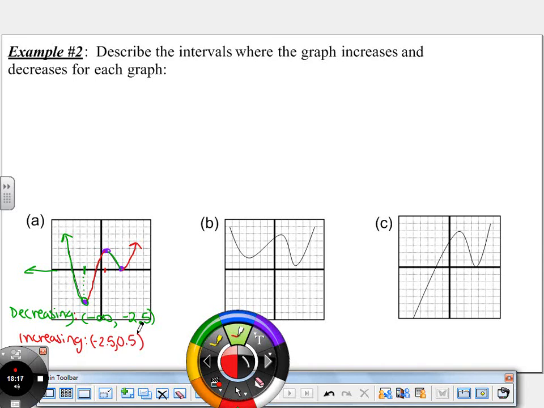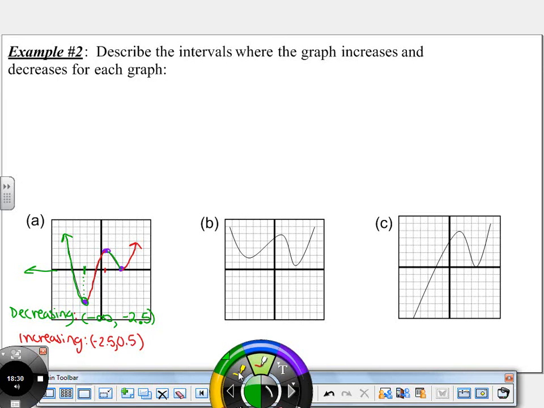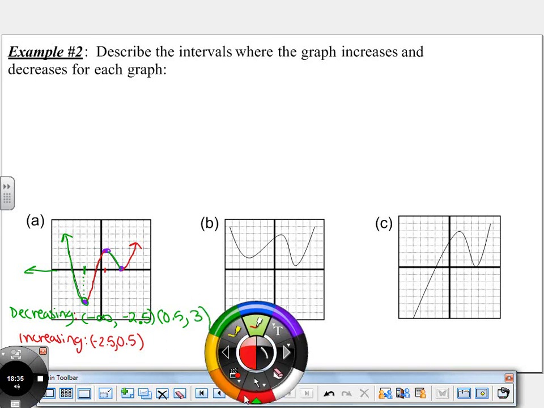So I said from negative infinity until you got to here, the graph was decreasing. Then from there until you got to here, which was where the next turning point lined up with, you were increasing. There's another decreasing interval on my graph from 0.5 until 3. And then my graph increases again from 3 until infinity, because it never stops increasing.